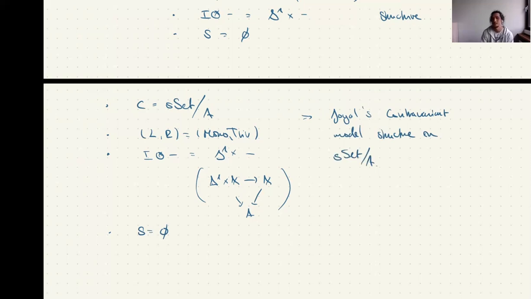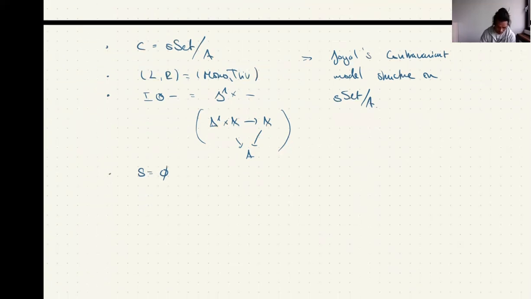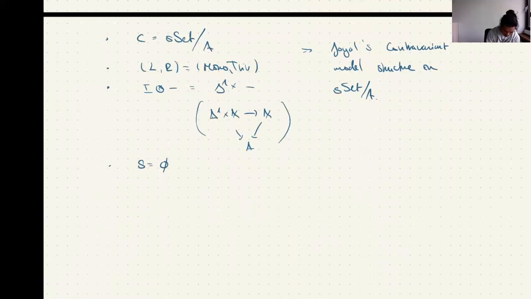So this is a model structure modeling presheaves on A with values in infinity groupoids. So the fibrations, let me tell you what the fibrations are, and this is where we get the name from. So these are right fibrations with target A.